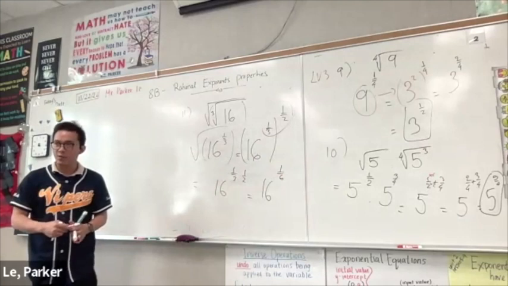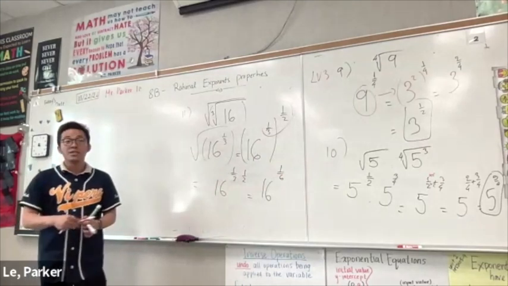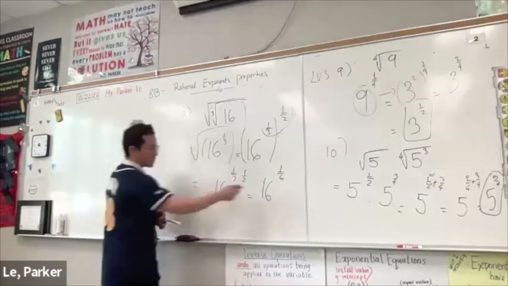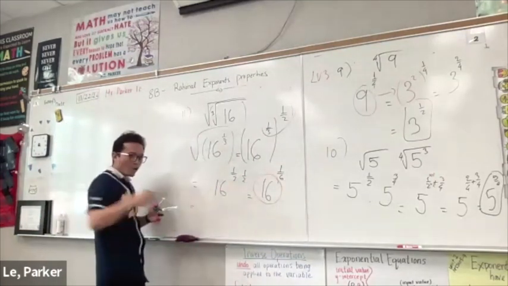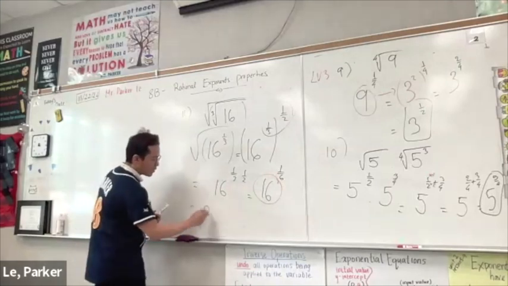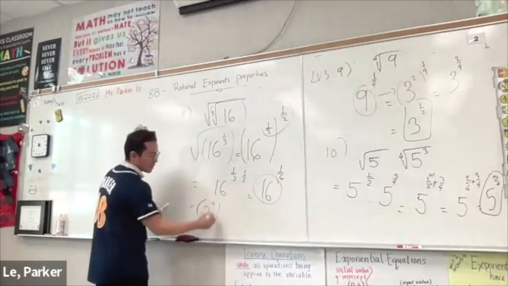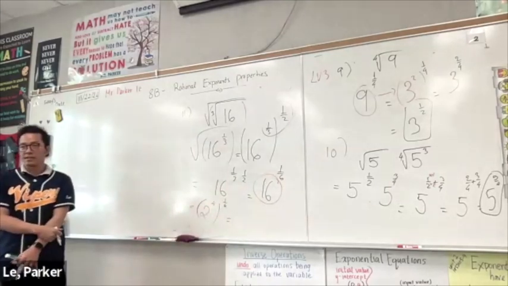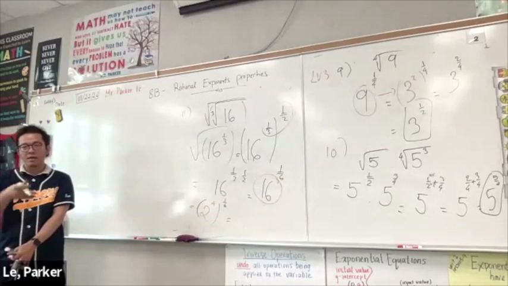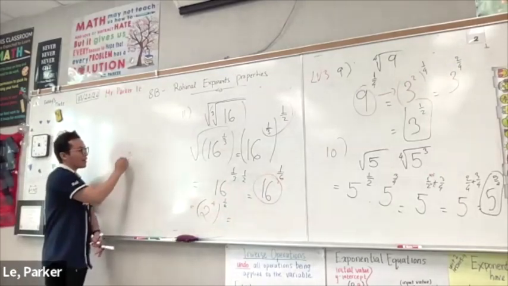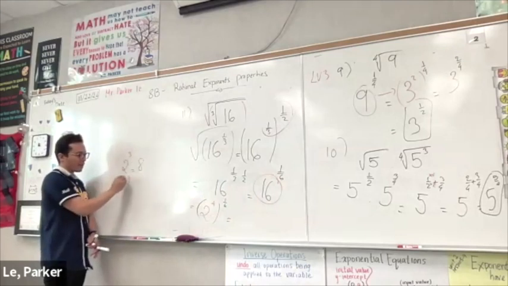Yes, but actually you can go further, to the smallest number. So 2 to the power 4, right? 2 to the power 4 is 16. And 2 to the power 3 is 8.